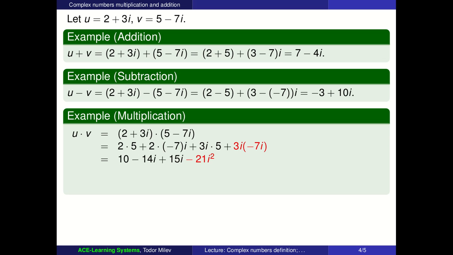So what happened so far? We started with the two complex numbers u and v. This was u, this was v, and we multiplied them out as if they were regular algebraic expressions, and we got 10 minus 14i plus 15i minus 21i squared.